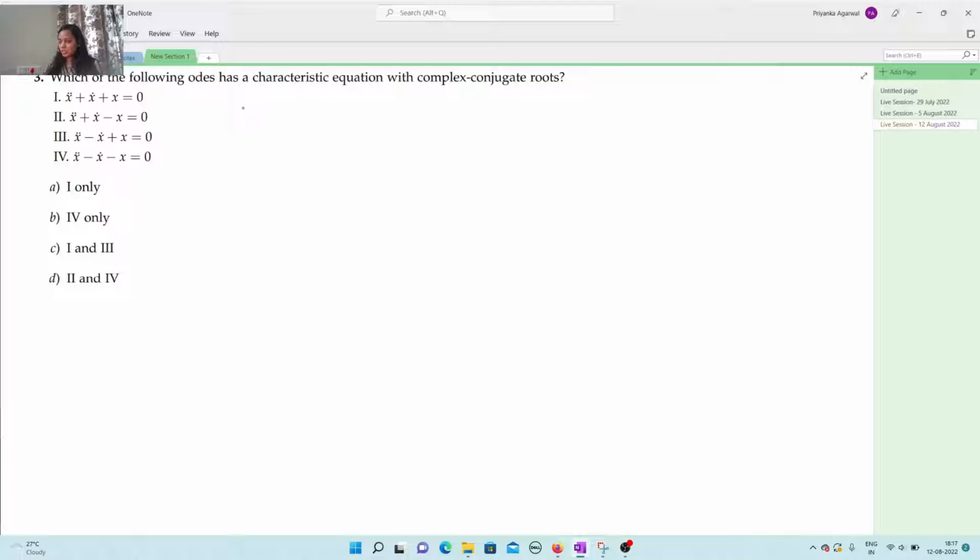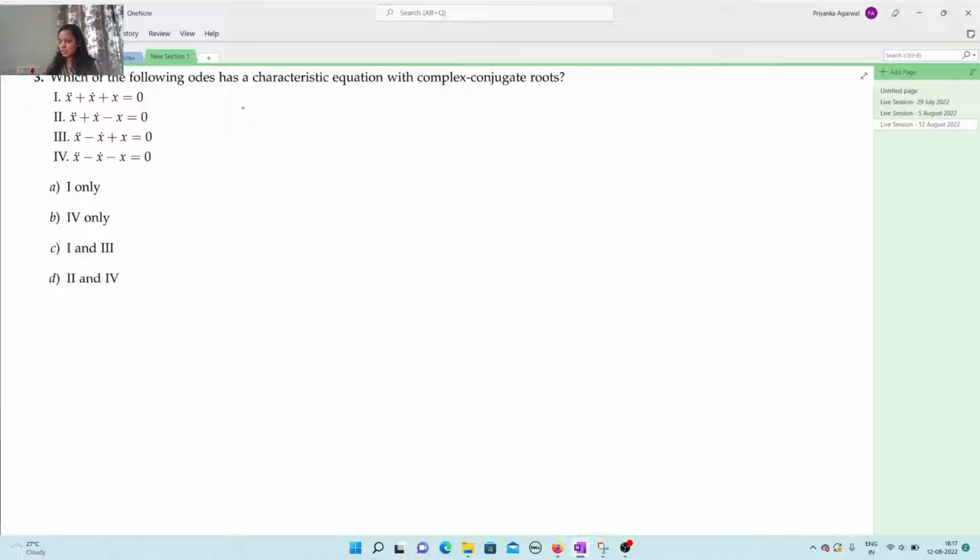Now we know that for any quadratic equation ax square plus bx plus c equals 0, we get complex conjugate roots if b square minus 4ac is less than 0.